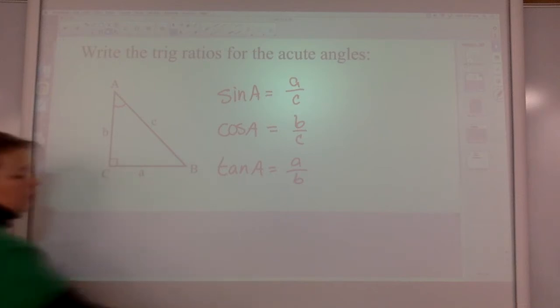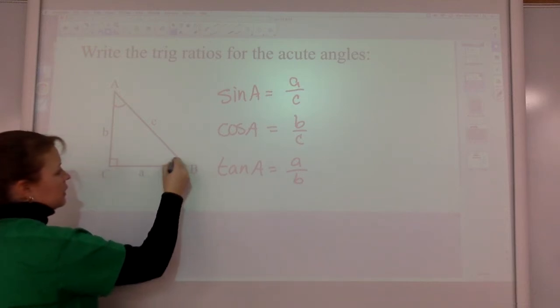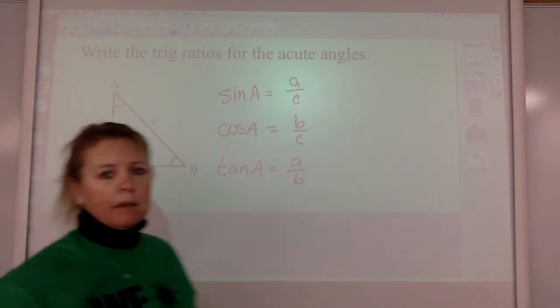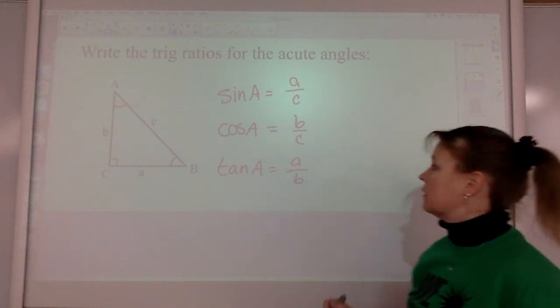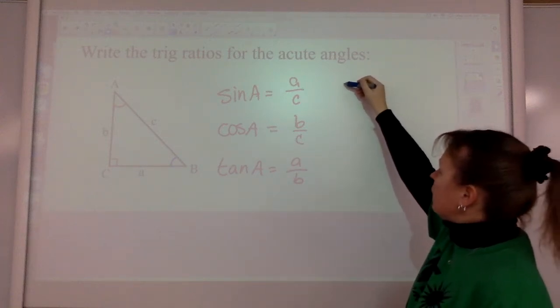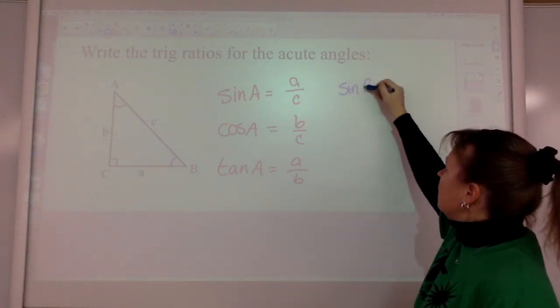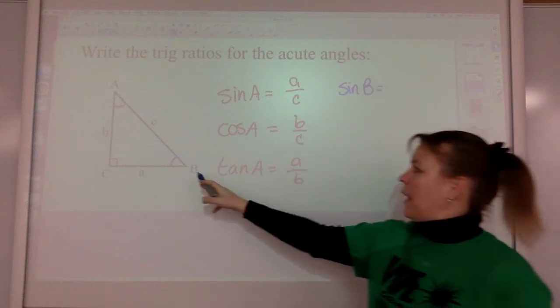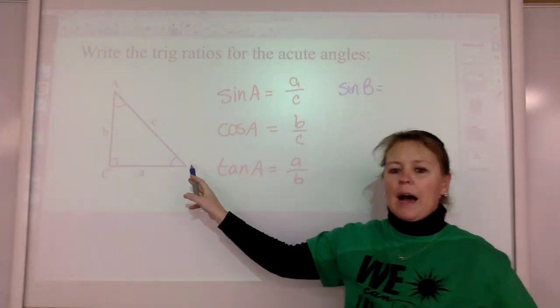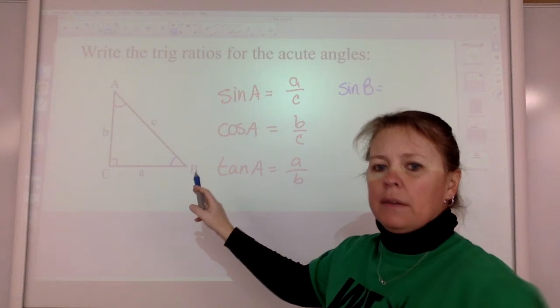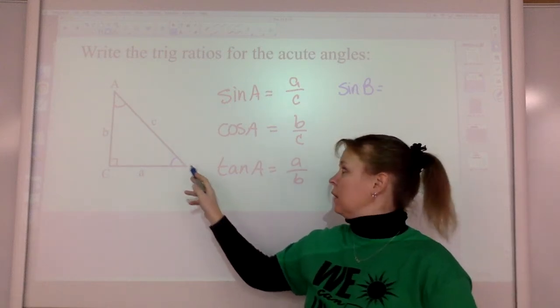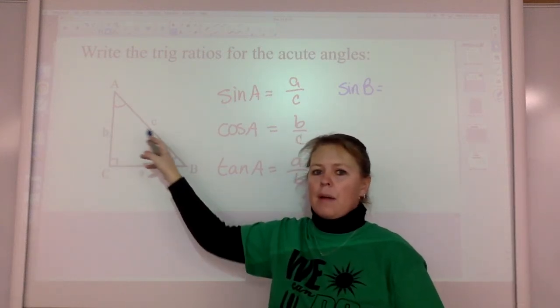But it also wants you to do the sine, cosine, and tangent of B. It said of the acute angles. So I'm going to do B over here. The sine of B. Now we switch spots. Which side is opposite of B? If you look, opposite of B, little b. Where's the hypotenuse?